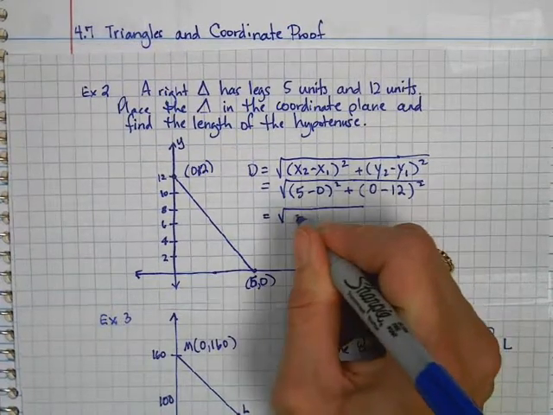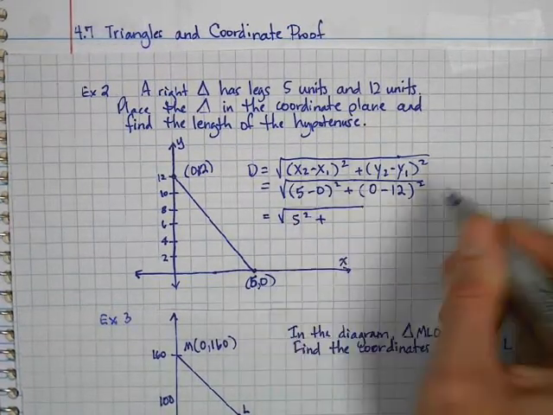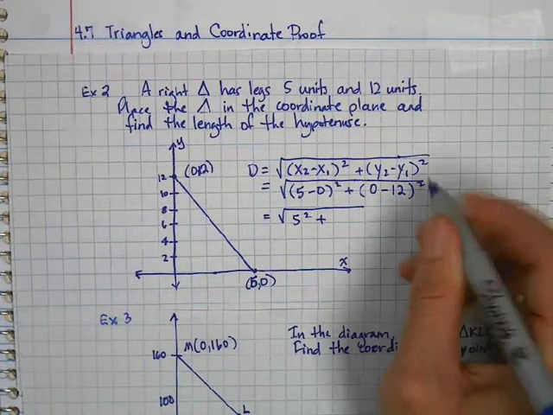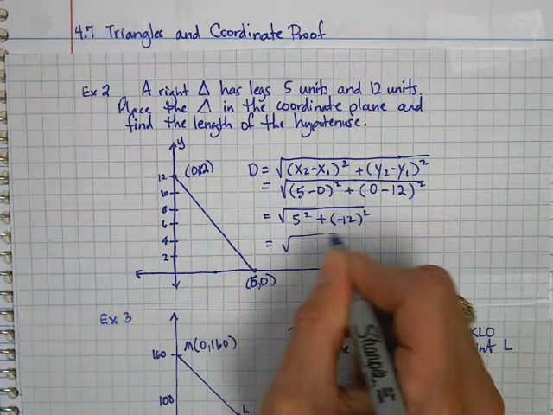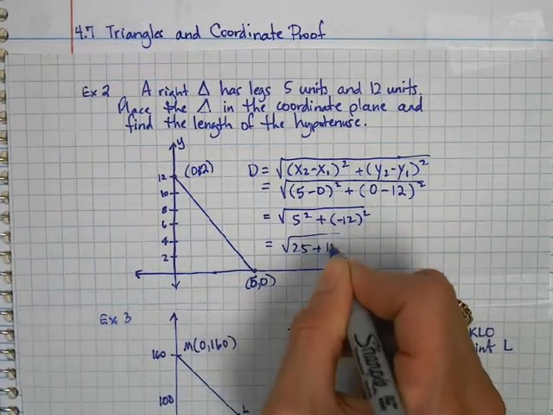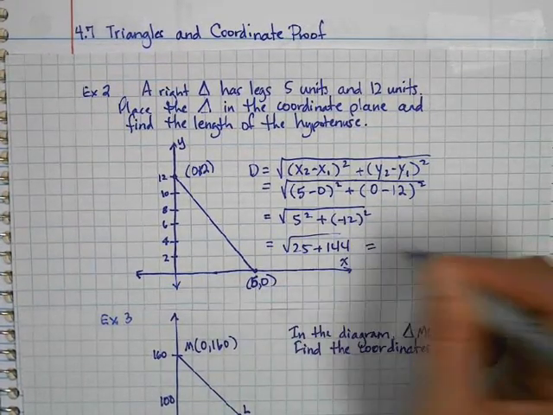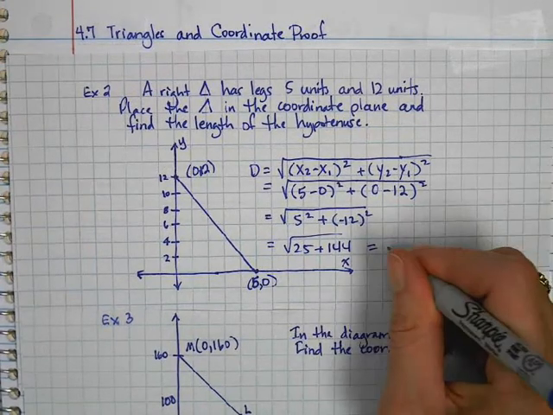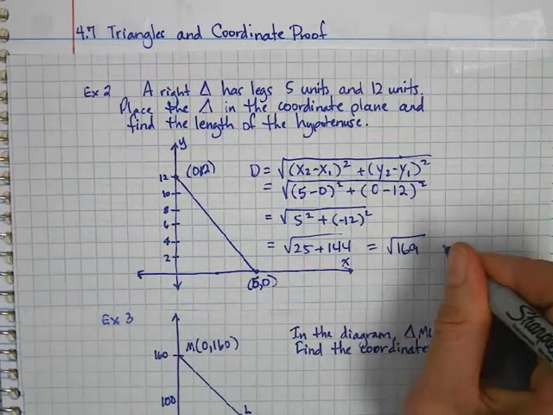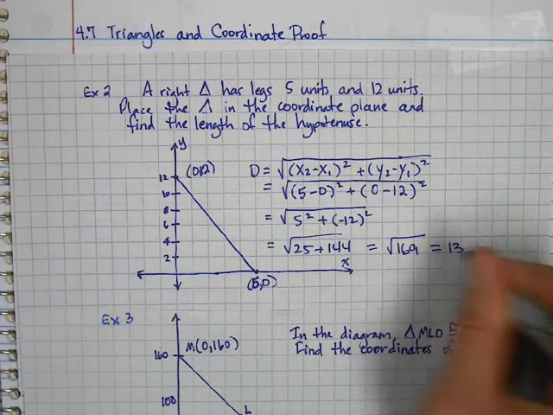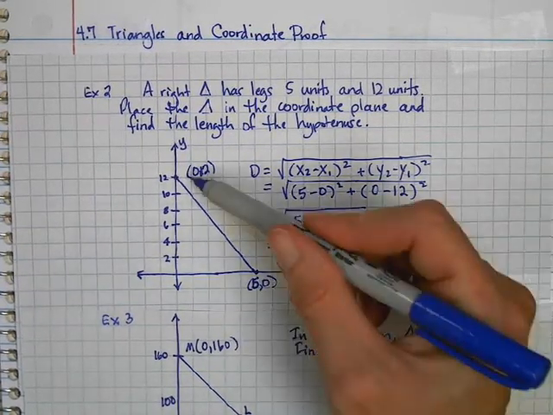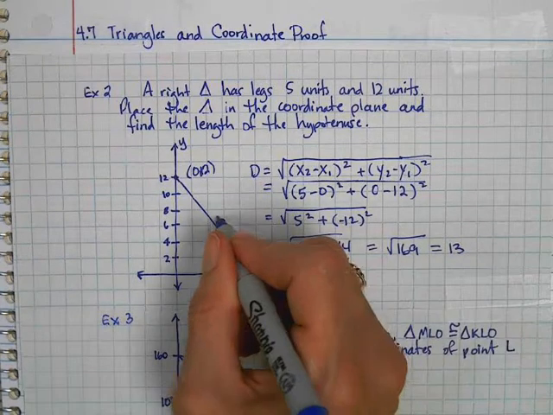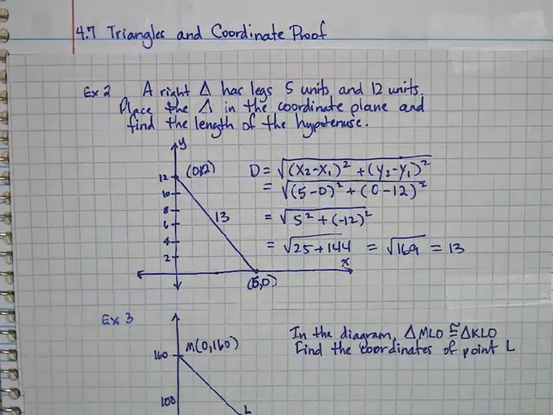So this is 5 squared plus negative 12 squared, which is 25 plus 144. So we have a grand total of 169, and of course the square root of that is 13. So the distance of this hypotenuse is 13 units.